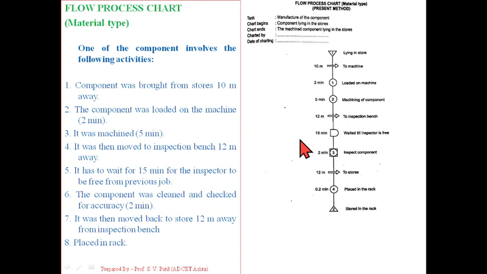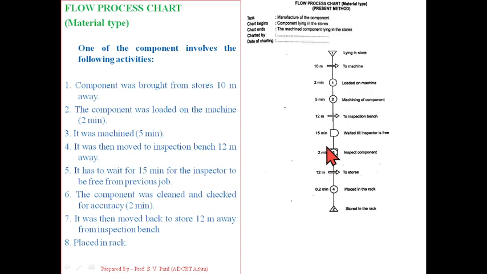The next event, the component was cleaned and checked for accuracy. So here if you focus on this event, two different events are combined at the same point, that is cleaning and checking for accuracy. So cleaning is nothing but an operation, and checking for accuracy is nothing but an inspection. So here we are supposed to combine the operation and inspection symbols together.